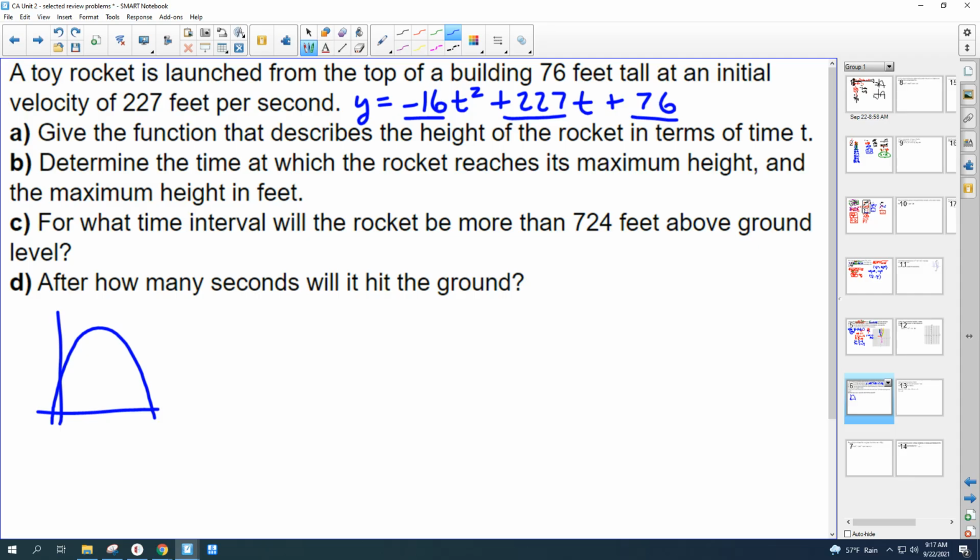And you can use a graphing calculator or Desmos or something to graph that. That's probably going to be a good idea to do. So let's go ahead and do that real quick.